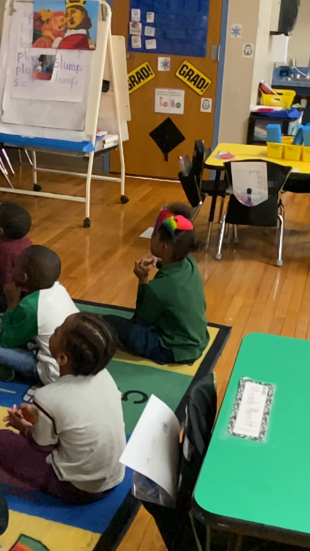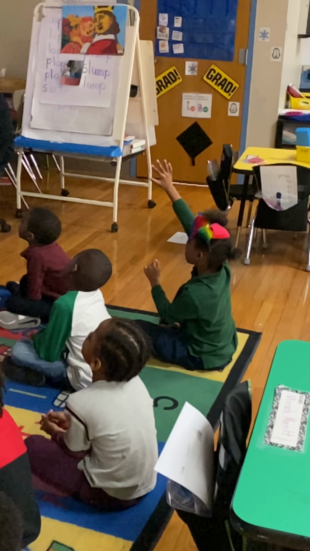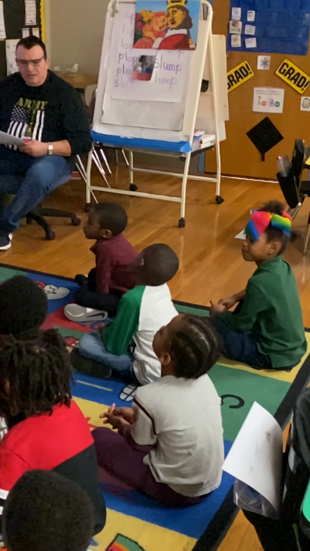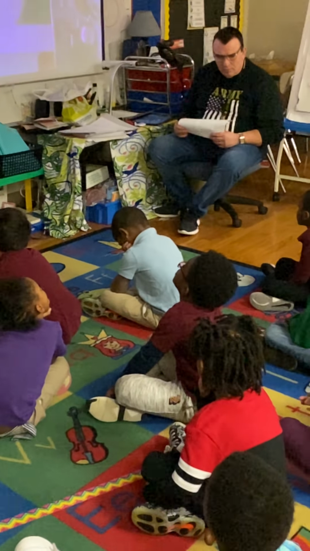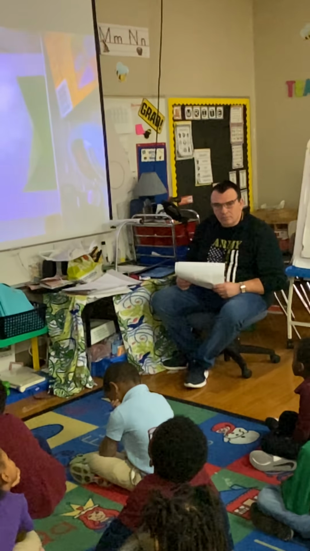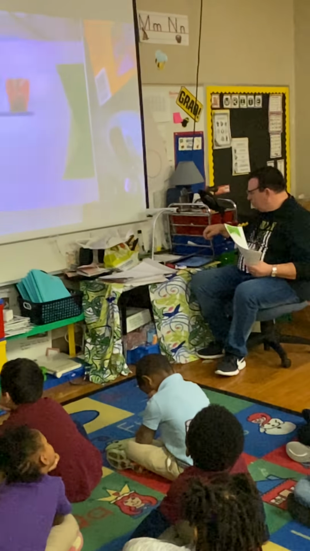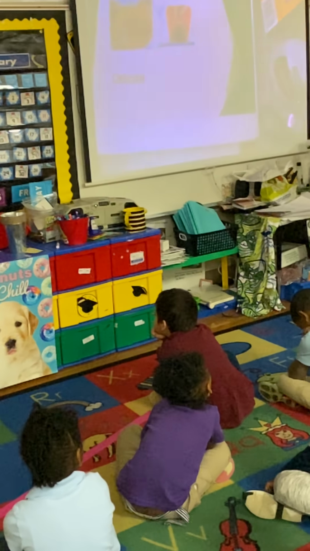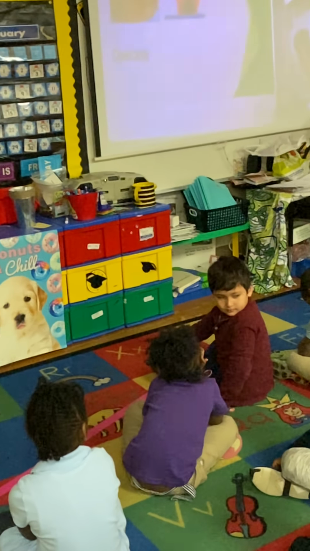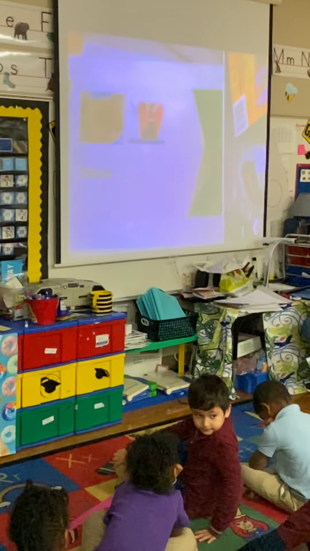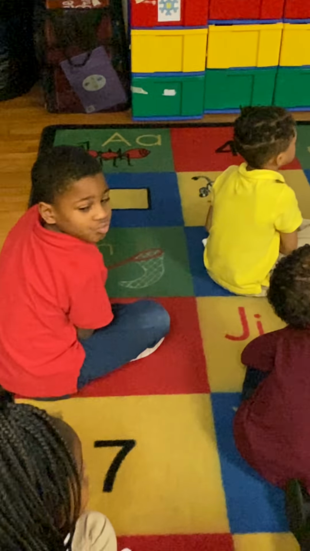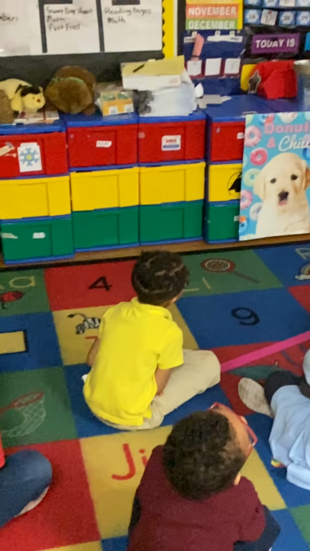Can anybody look at the pictures and tell me maybe what delicate is? The flower? Okay, so we're holding something. A flower. The flower is the object, right?